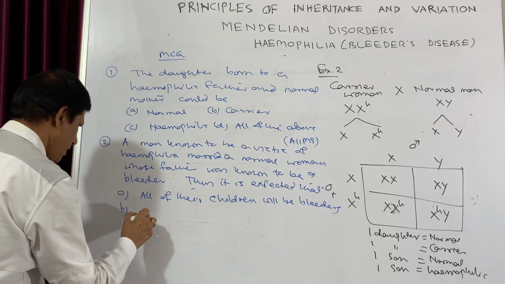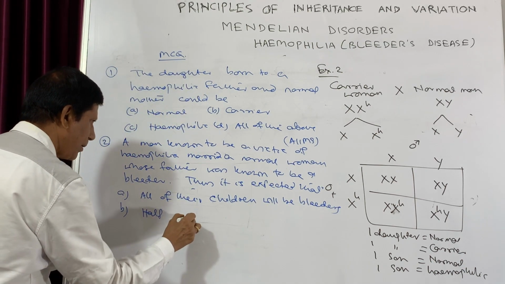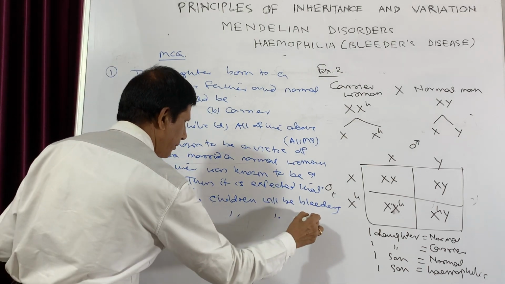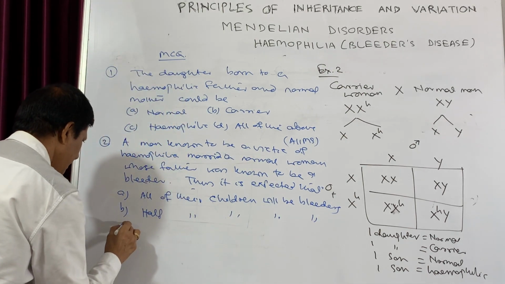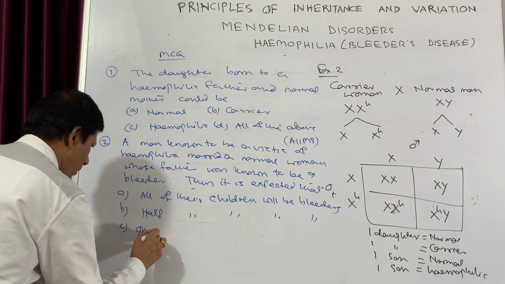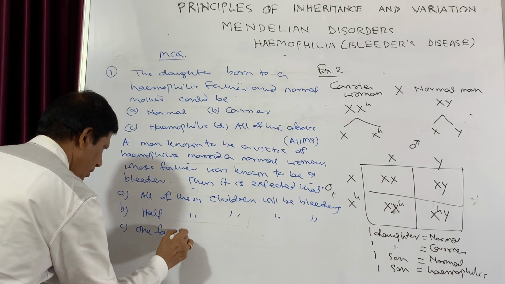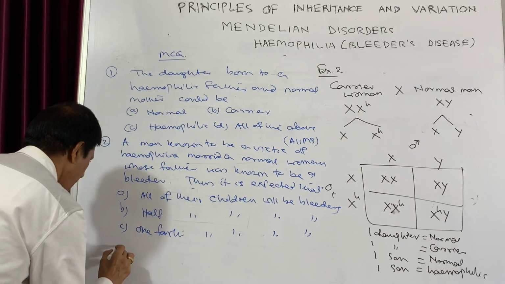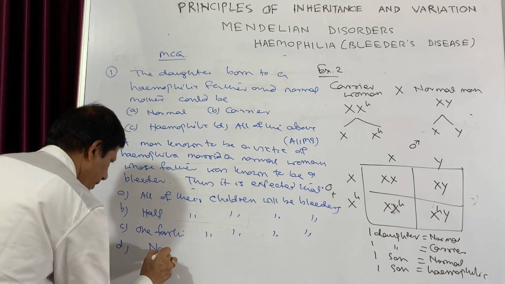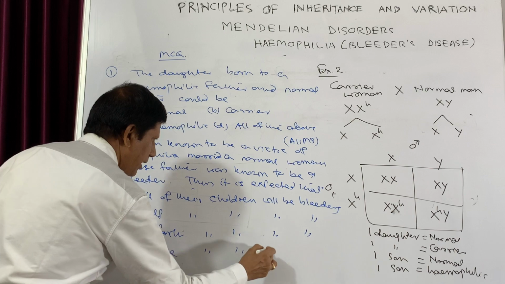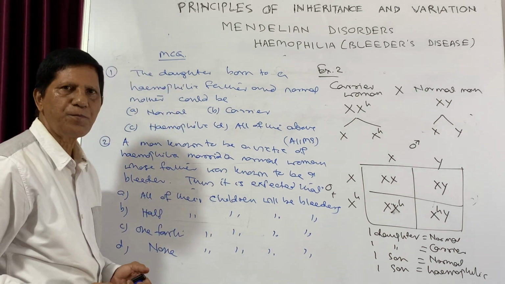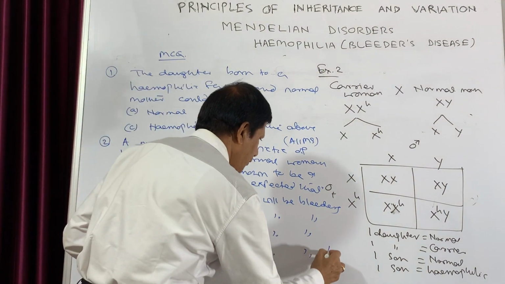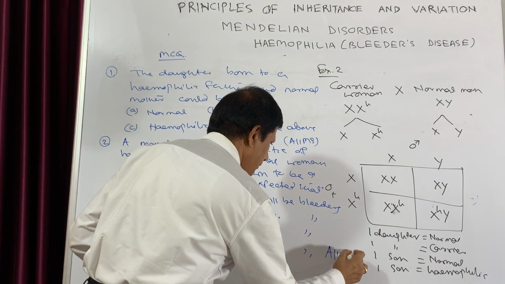Second choice, half of their children will be bleeders. Third choice, one-fourth of their children will be bleeders. And fourth choice, none of their children will be bleeders. And again, this question was also asked in AIIMS.